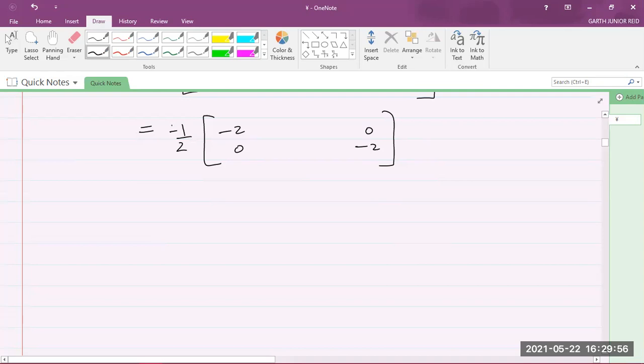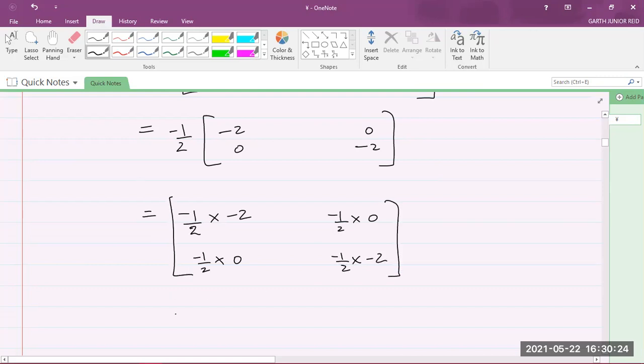I'm going to use the negative a half on the outside and multiply it by each element inside the brackets. So we have negative a half multiplied by negative 2, negative a half multiplied by 0, negative a half multiplied by 0, and negative a half multiplied by negative 2.